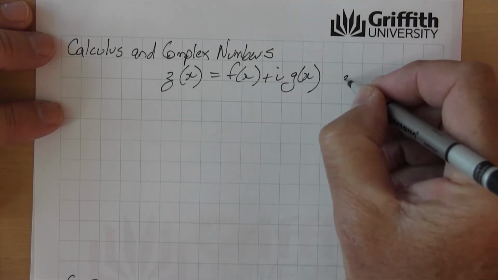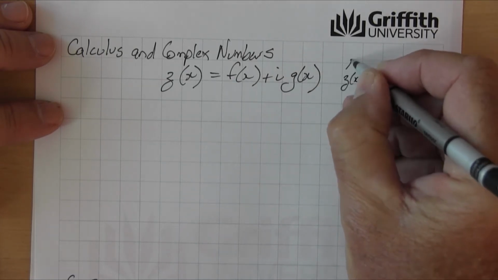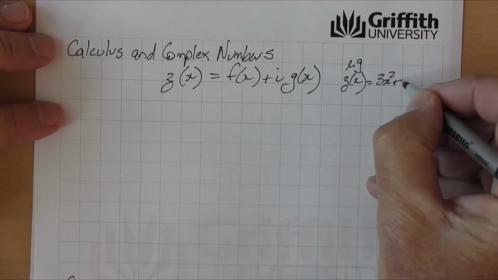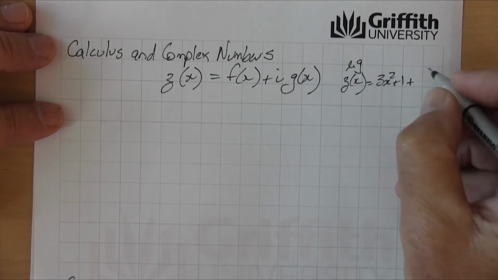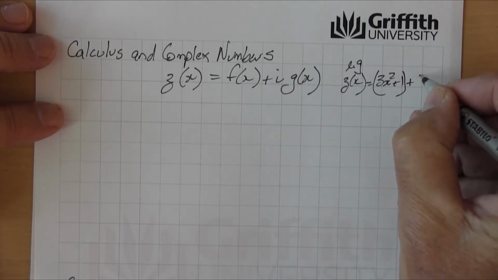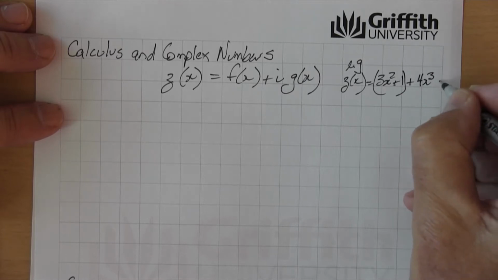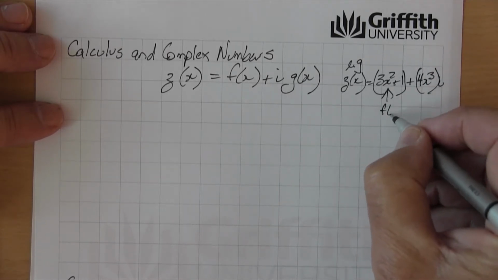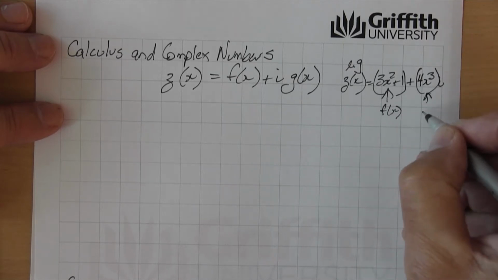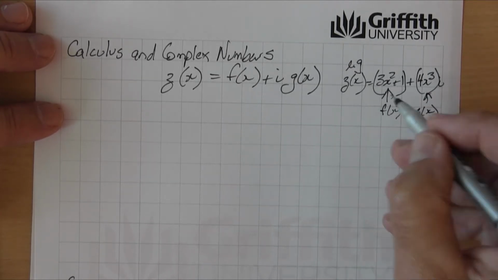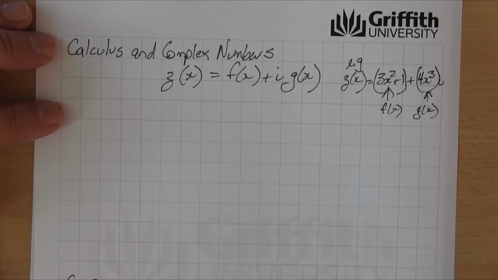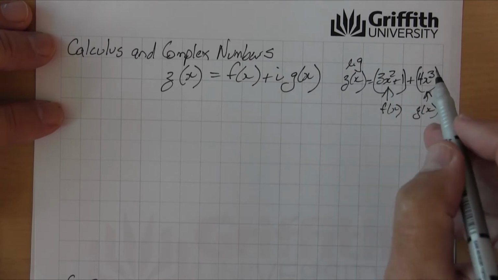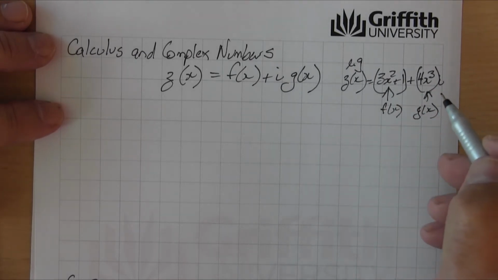So we may have z of x, an example, equals 3x squared plus 1 plus 4x cubed i. So here would be my f of x, and here would be my g of x. Obviously, f of x and g of x could be a lot more complicated than just a simple polynomial, but suffice to say that could be an example.